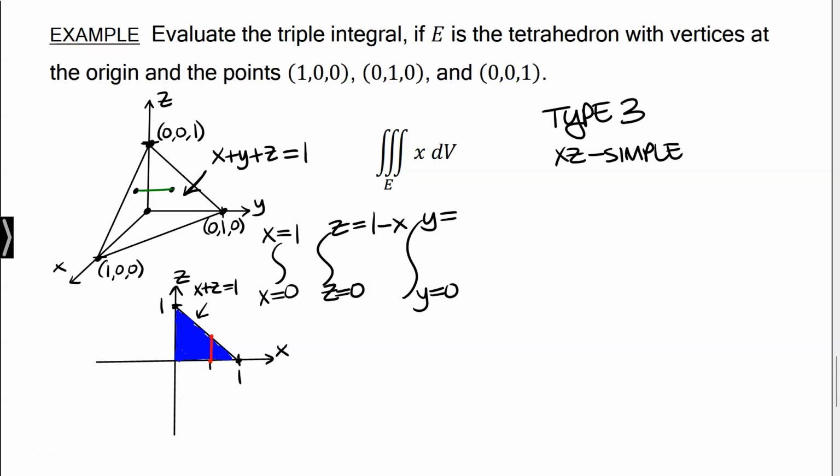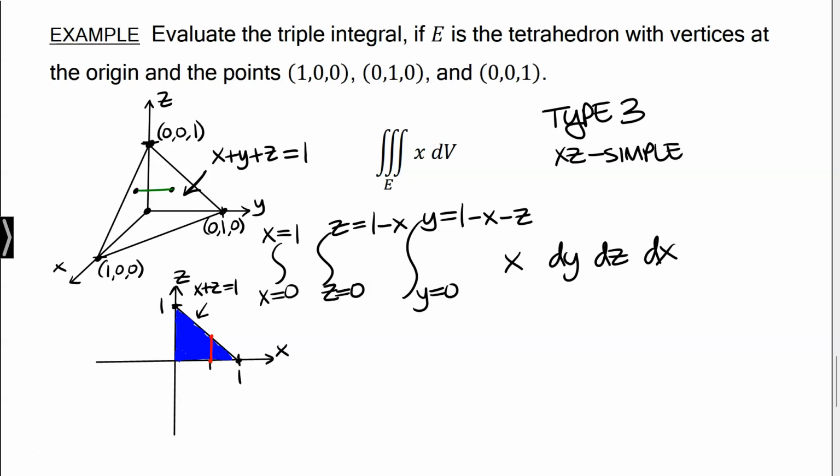But each of those x, y, z coordinates adds up to 1, so that has to be the equation. So y goes from 0 up to, if I solve for y, 1 minus x minus z. And we're integrating x, and then, again, the order innermost is y, then z, then x.